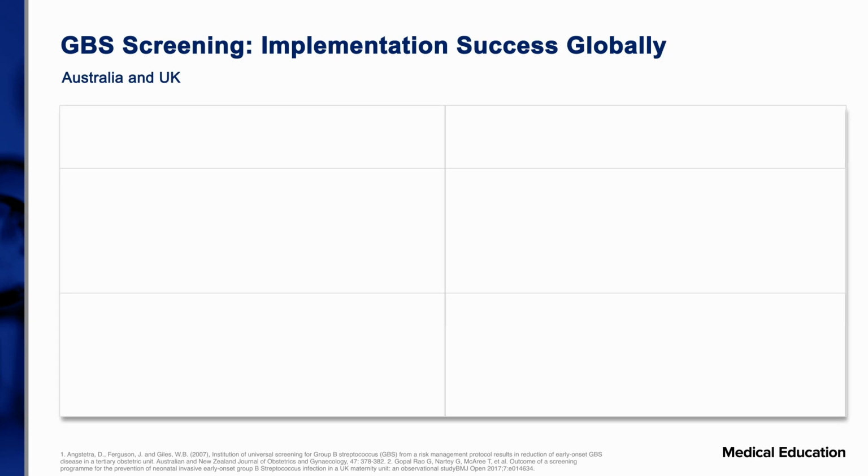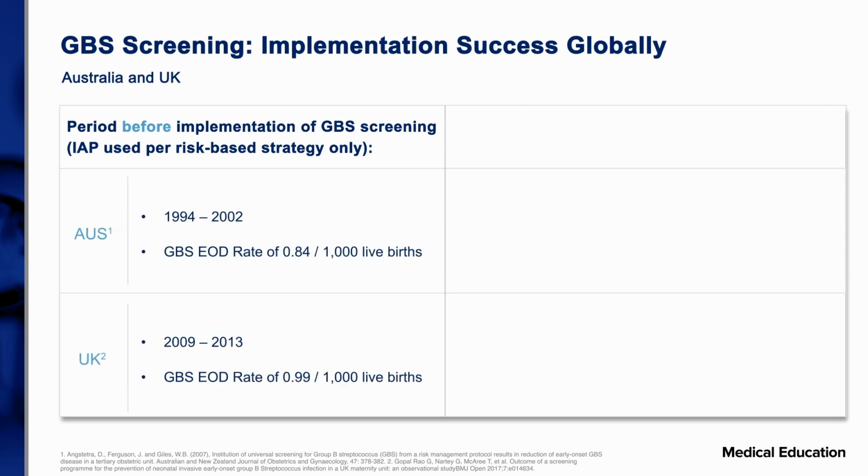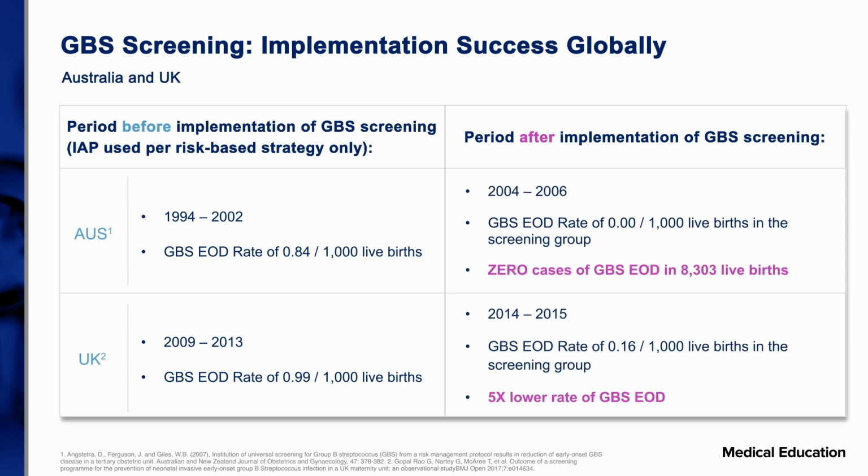Here's two examples. A study done looking at the period before implementation of GBS screening and then afterwards. From 1994 to 2002, the early onset disease rate for GBS was 0.84 in 1,000 live births. After a 2-year implementation, it dropped from 0.84 to 0 cases of group B strep early onset disease in 8,303 live births.